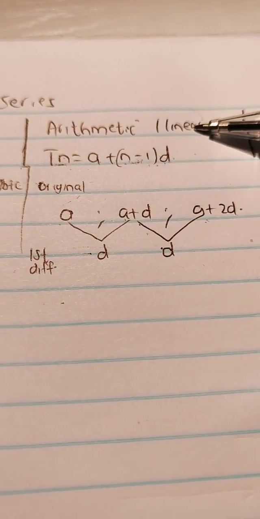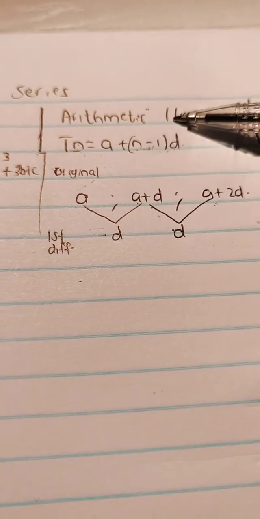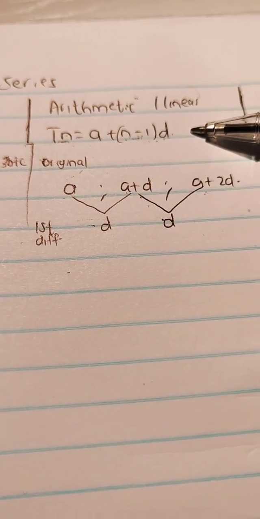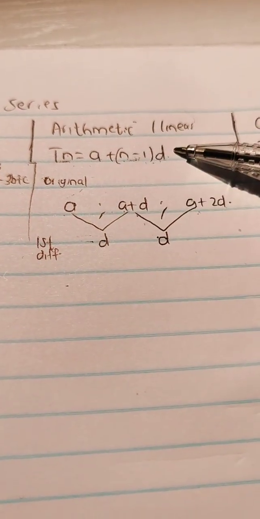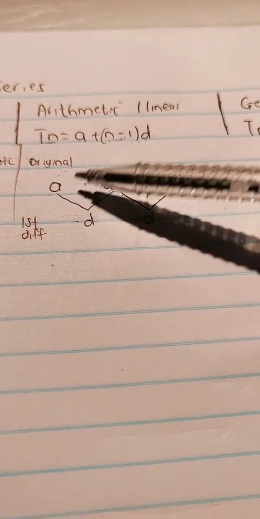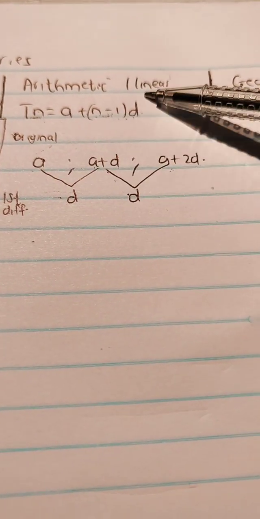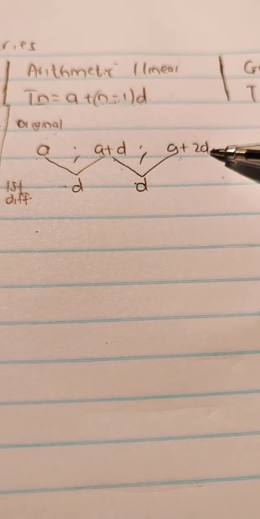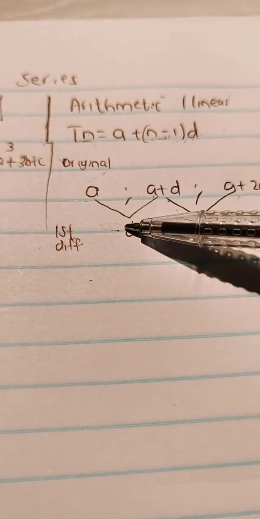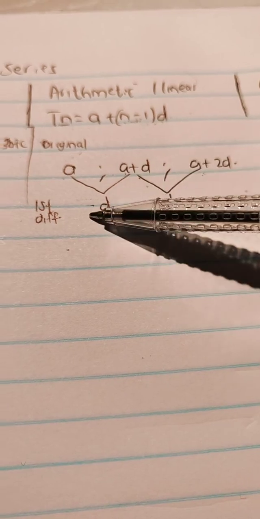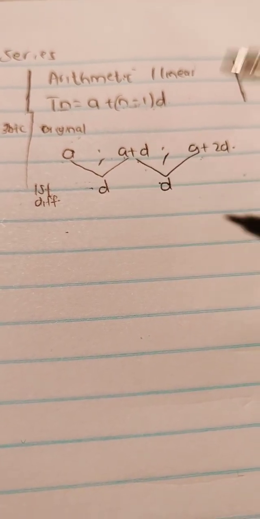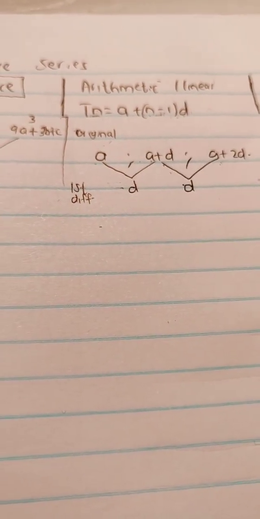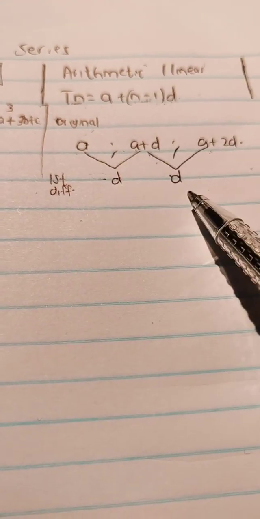Arithmetic sequence, on the other hand: this is our general term of an arithmetic sequence, our original sequence in terms of A and D. Term 1 gives us A, term 2 gives us A plus D, and term 3 gives us A plus 2D. When we find the first difference, we notice that it is constant, D and D. There's no second difference, only a first difference.